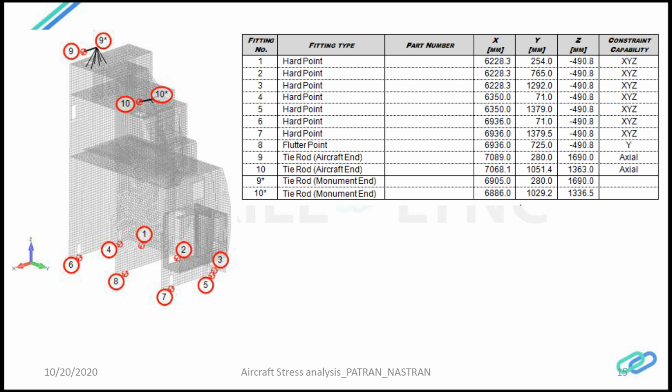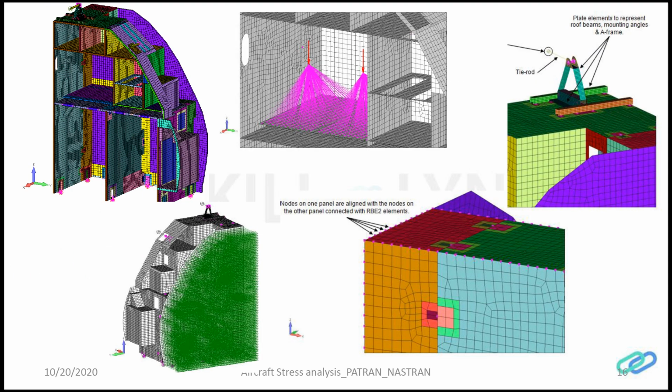So the pin is idealized using a CBUSH element, which is a spring element. I calculated the spring stiffness in all three directions, and then input those values to the CBUSH element. And this is the location and coordinates of all those attachments and fittings.